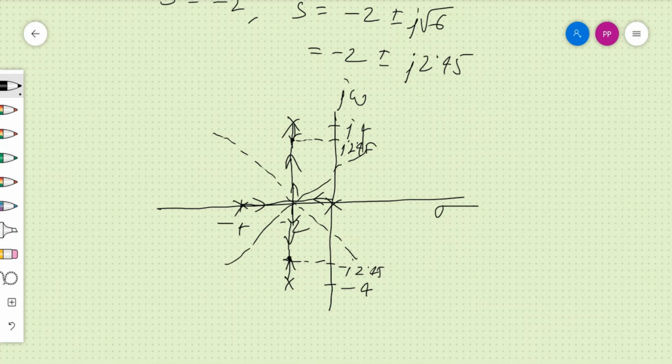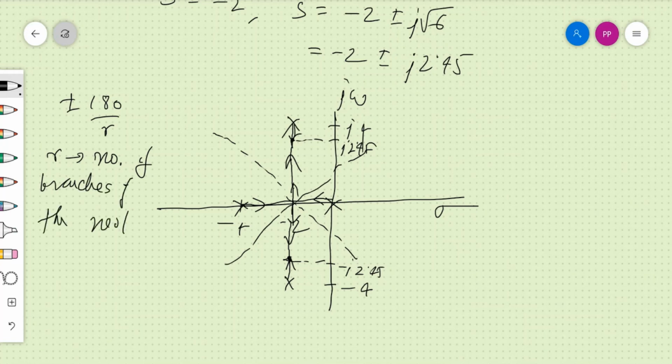Then from this point, how to find out the angle? For that we use plus minus 180 by r, where r is the number of branches of the root locus meeting at a point.